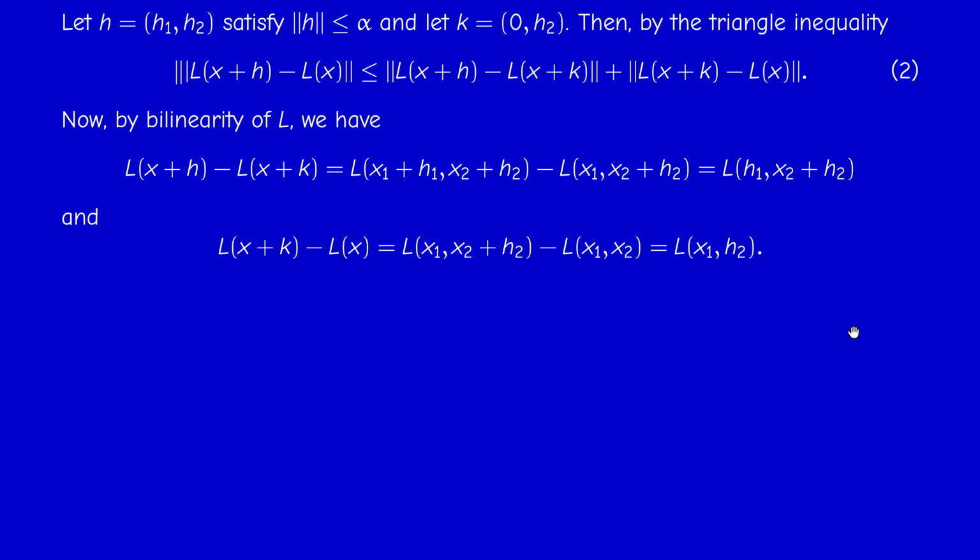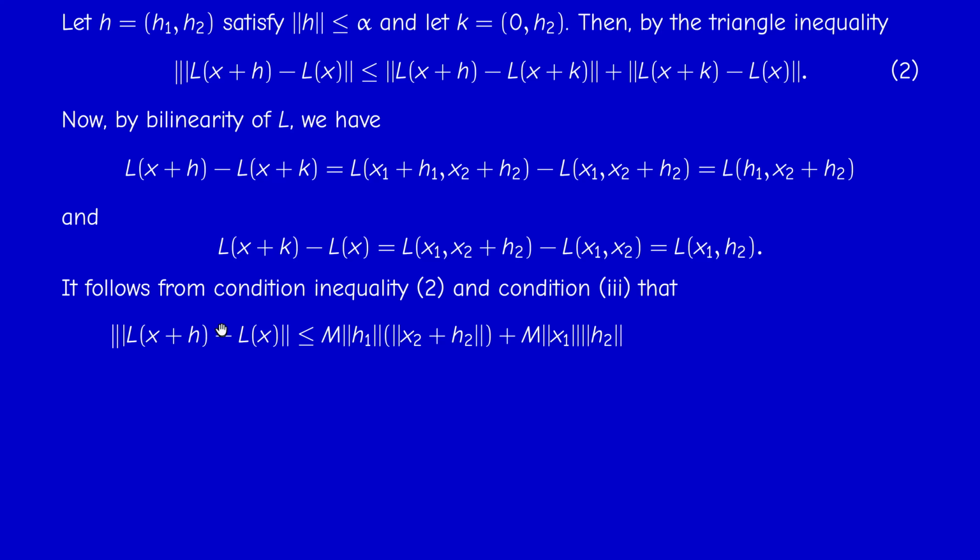Now I take the norms. The norm of the first one, the norm of L of h1, x2 plus h2, we have condition 3. So this is less than the constant M times the norm of the first component times the norm of the second component. This is condition 6.